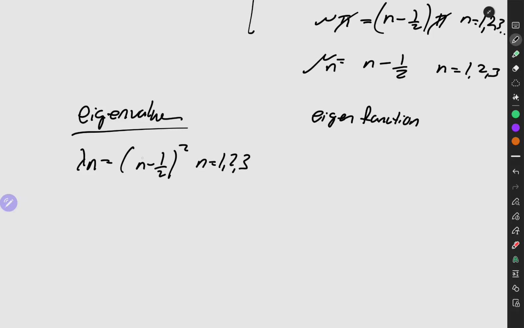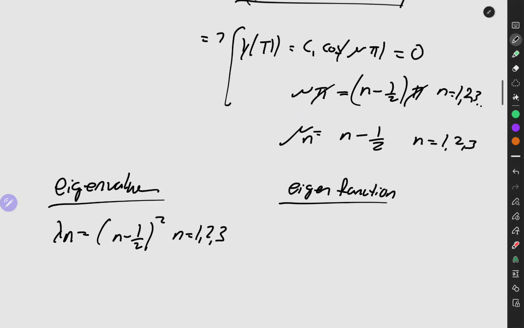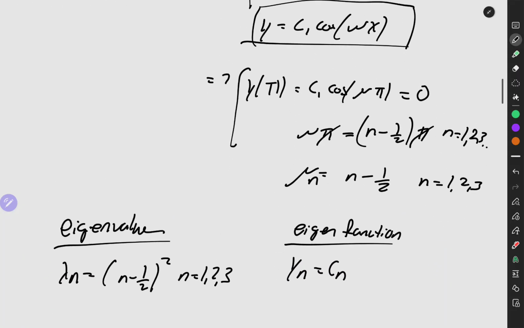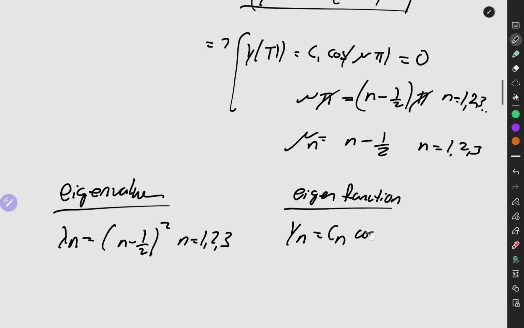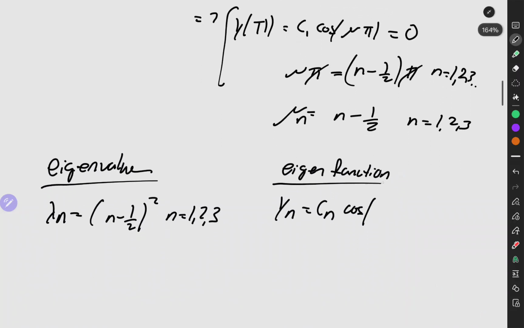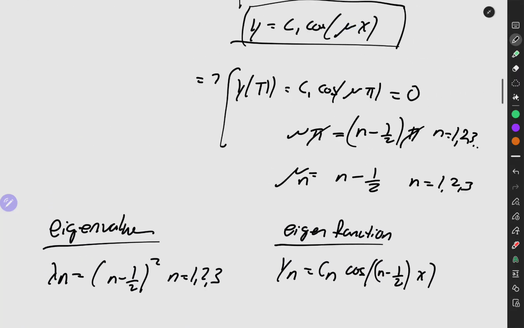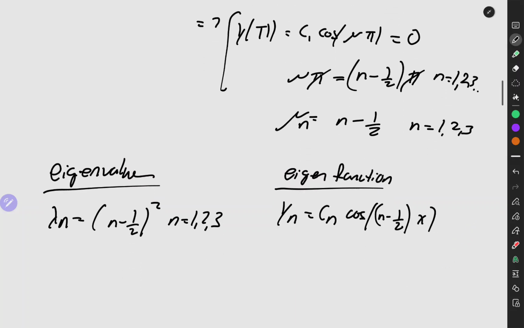Remember, we had only lambdas positive, right? Eigenfunction: y sub n is equal to c sub n, because remember c can be anything. There are multiple y's. You have multiple constants based on which n you're using. Cosine of n minus 1/2 times x. That is a terrible looking mu, by the way. Okay, so that's that. This is for n equals 1, 2, 3.